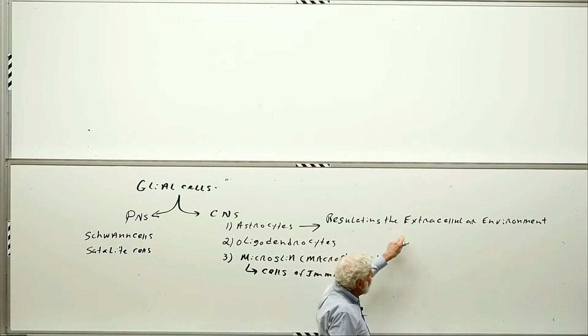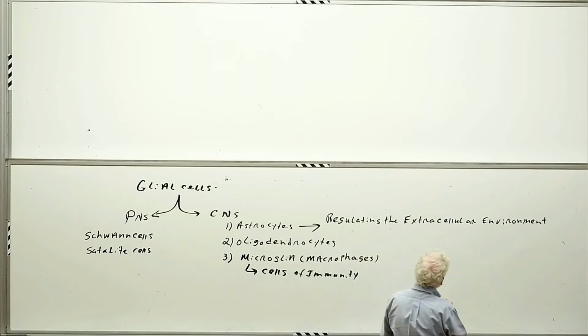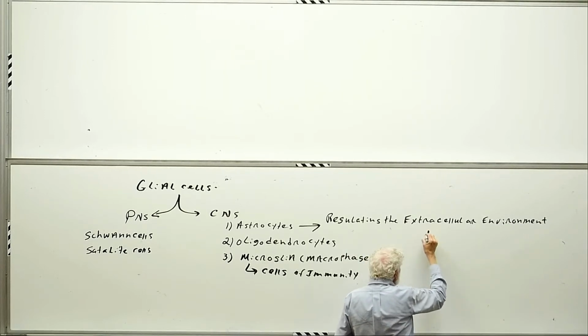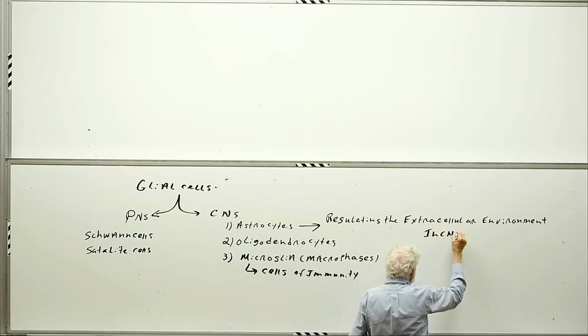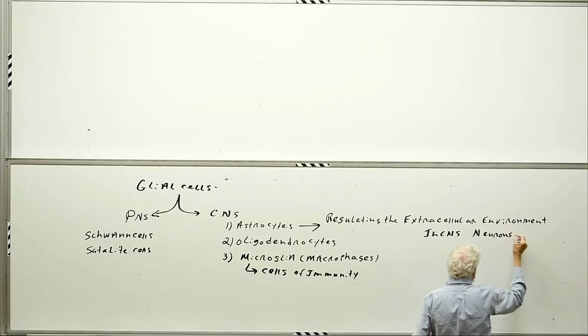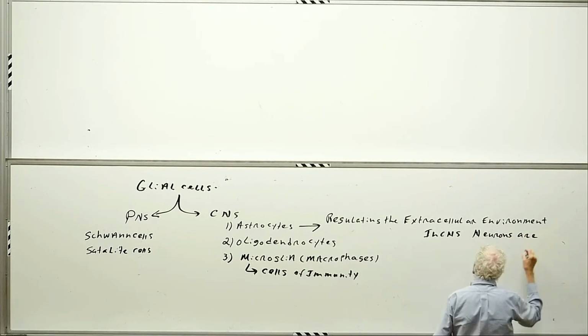But what we're going to think about is this extracellular environment. Now, in the CNS, neurons are crowded together.